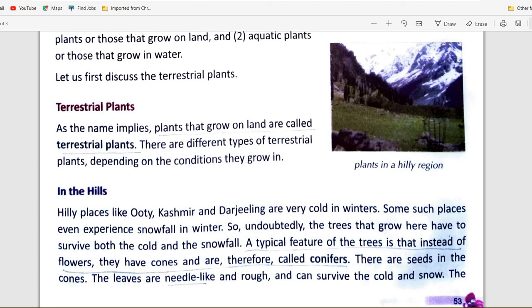And they also have needle like rough leaves, because flat leaves are not present on them. They have needle like leaves to prevent excess evaporation. If flat leaves were there on the plants in hilly areas, what would happen?